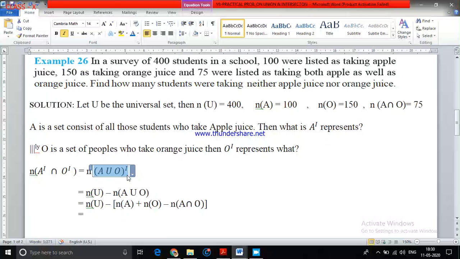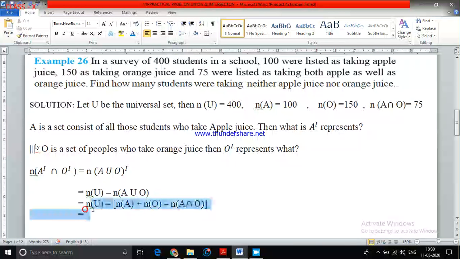That's the definition of A complement we discussed. So A union O whole complement equals the number of elements in the universal set minus the number of elements in A union O, which is equal to N of U minus. Now the formula of N of A union O is N of A plus N of O minus N of A intersection O.